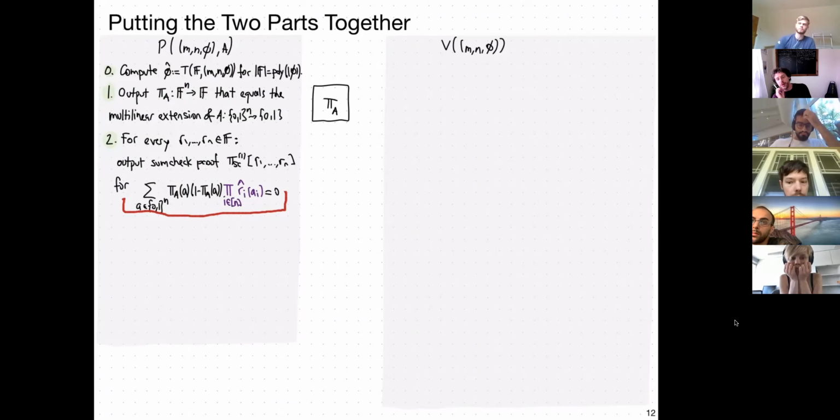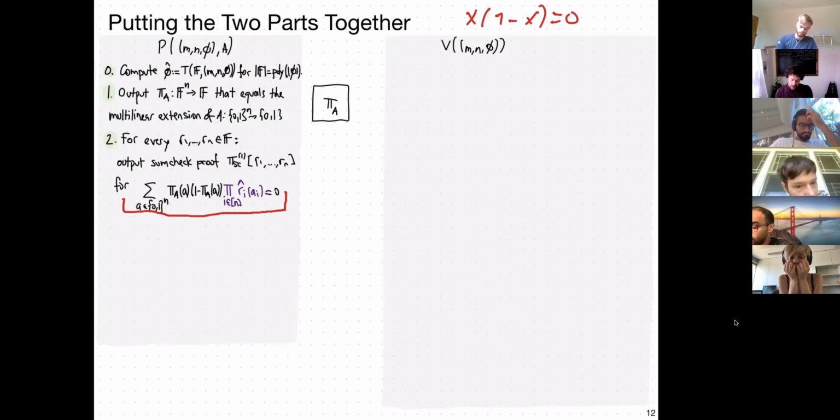As Valerio is saying, this is the condition of x times 1 minus x equals 0. This is a way for us over the finite field to check whether something is Boolean valued, right? Because if it's 0, this would evaluate to 0. If it's 1, it would evaluate to 0, and otherwise it wouldn't. So this is a Booleanity check.